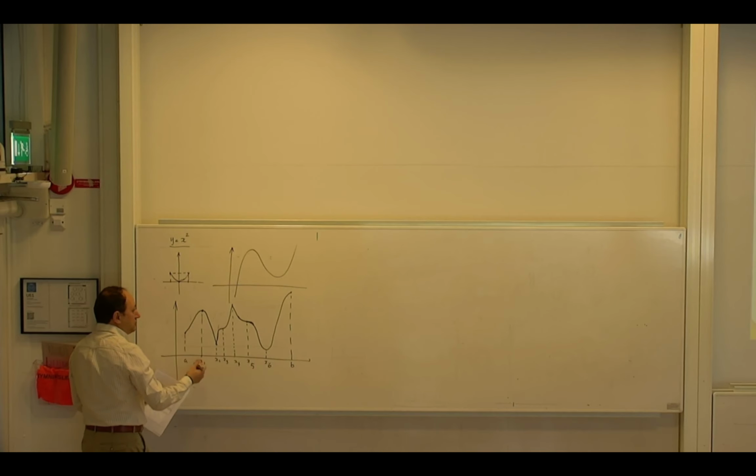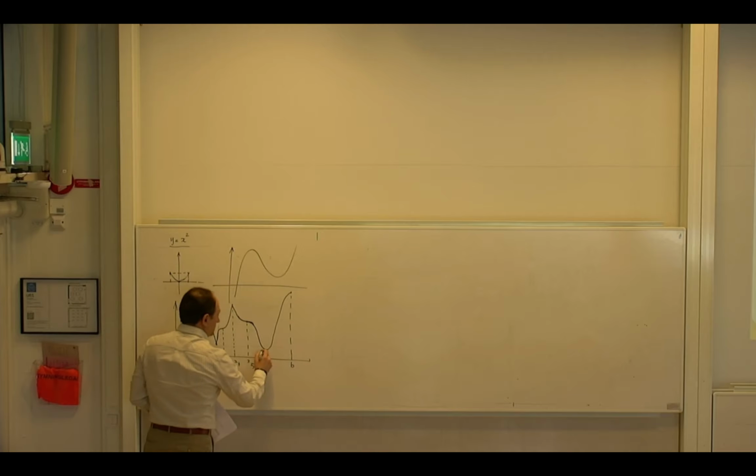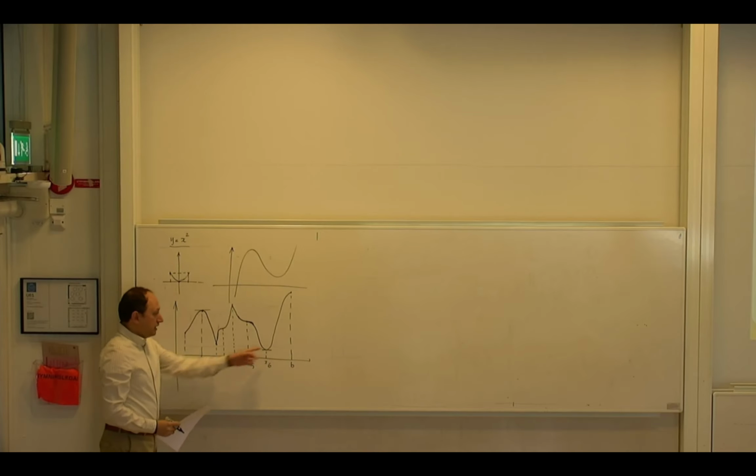I need to look at those points where the tangent to the graph exists and is horizontal. So if I take the derivative and put it equal to 0, what I might get is this point. Or I might also get this point, because there it's also horizontal.